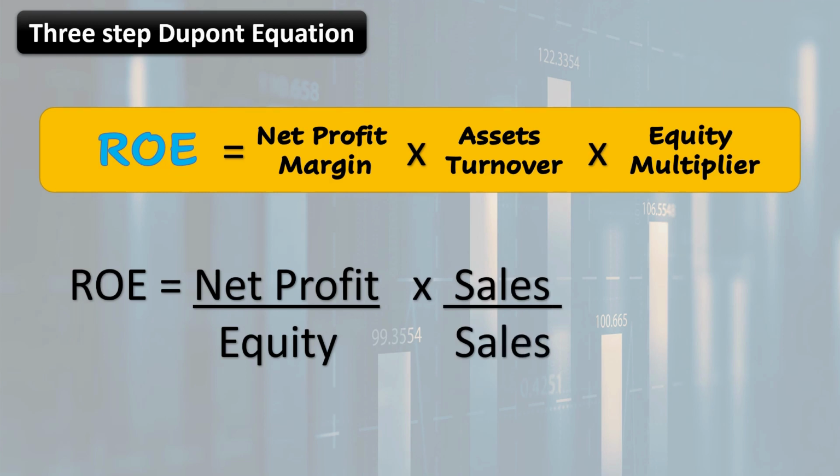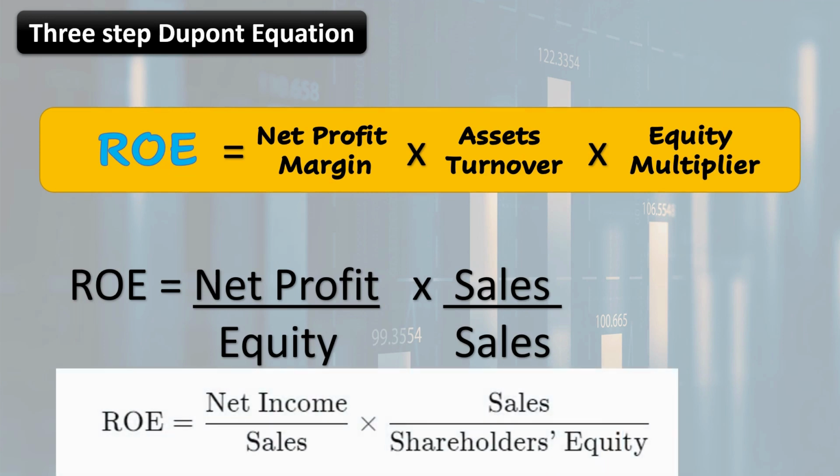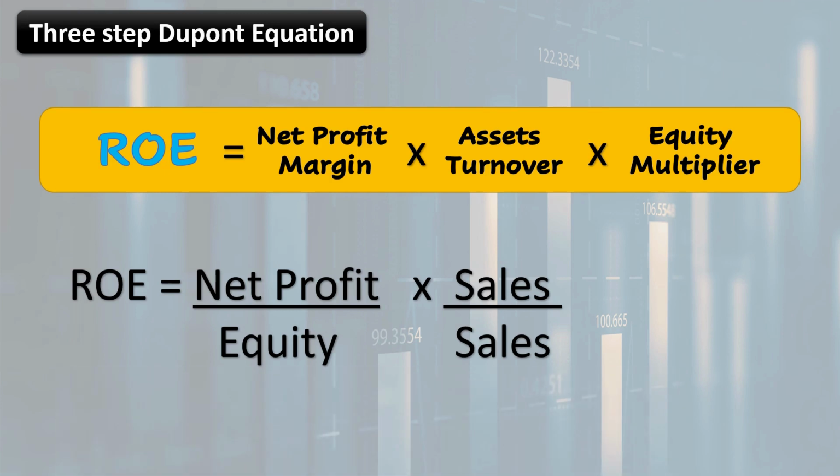By doing this, we get return on equity equaling net income divided by sales, multiplied by sales over shareholders' equity. We now have return on equity broken into two components. The first is net profit margin, and the second is the equity turnover ratio.